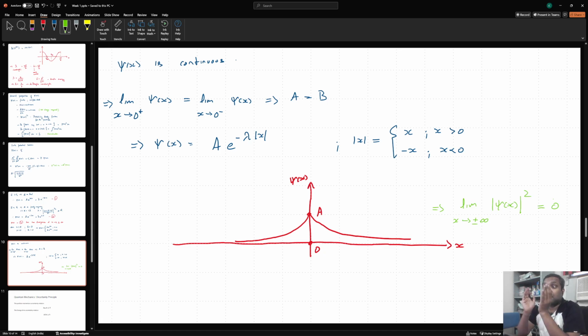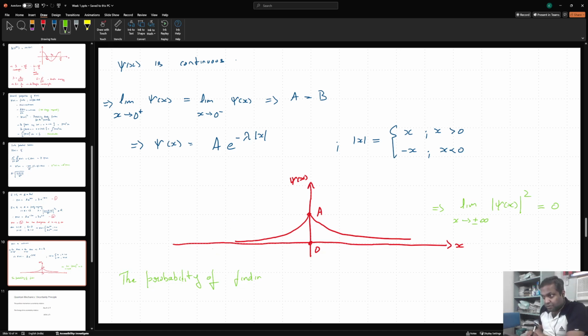This further implies the probability of finding the particle, because whatever integral I may take in any interval away from the origin, it will become smaller and smaller the further and further I move away from the origin.